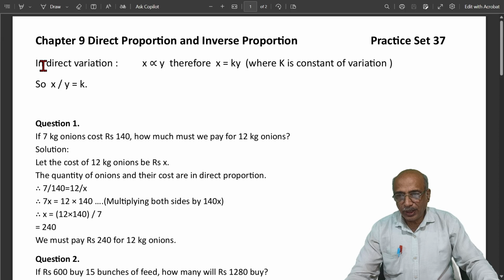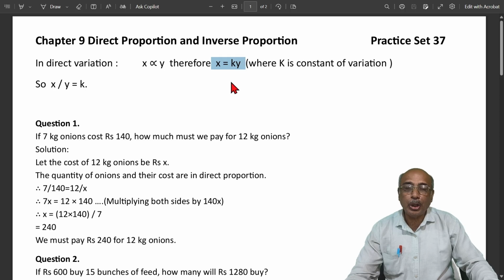Now here you see in direct variation we write x is directly proportional to y. Therefore x equals ky. x equals ky is the equation of variation.